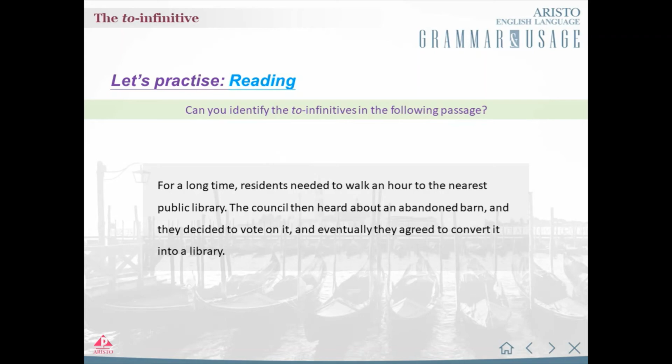Here are the answers: to walk, to vote, and to convert. Did you get them right?